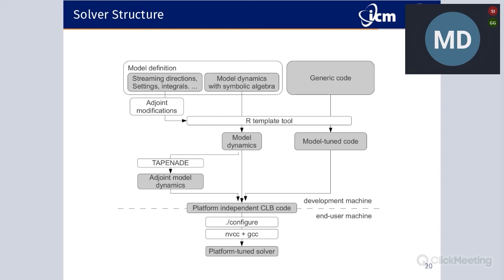We make that additional step because there are a lot of stencil access patterns that are model dependent, and using template tools we can optimize the memory access for each model individually, which makes them way faster, especially when we use optimization of algebraic expressions, especially in the index access part of the code.